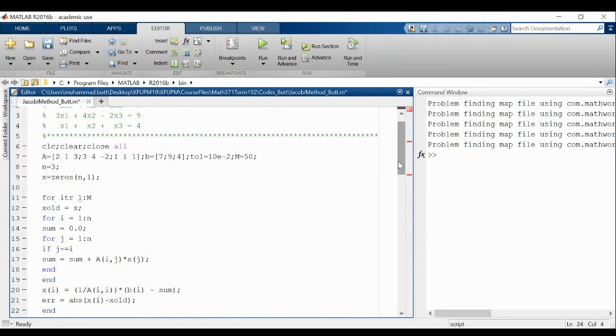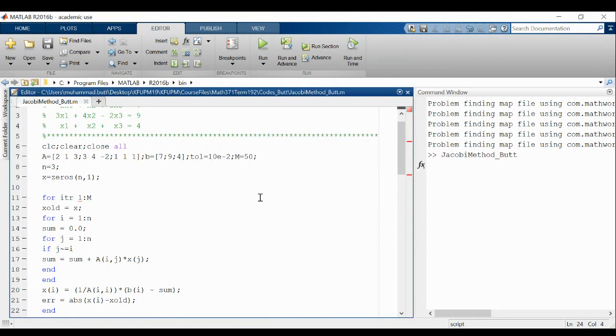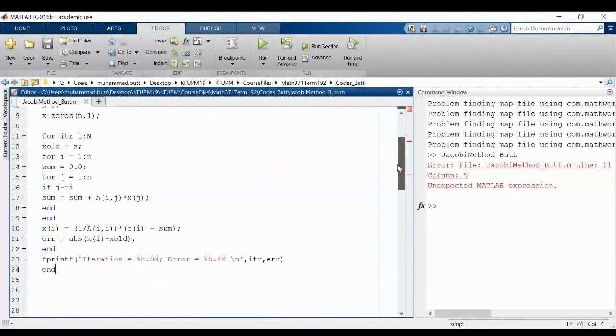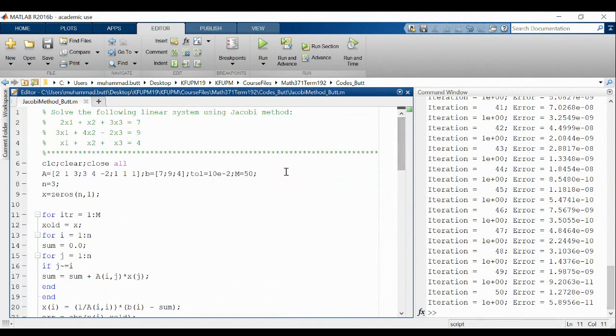Okay, let me run this. So there is some error. We did not put equal. Oh, you see, this is the iteration, but the error is very good, but this is not. M is like, what is M? 50 iterations.